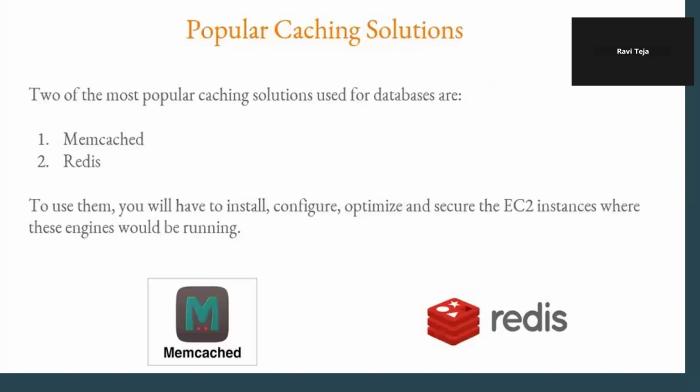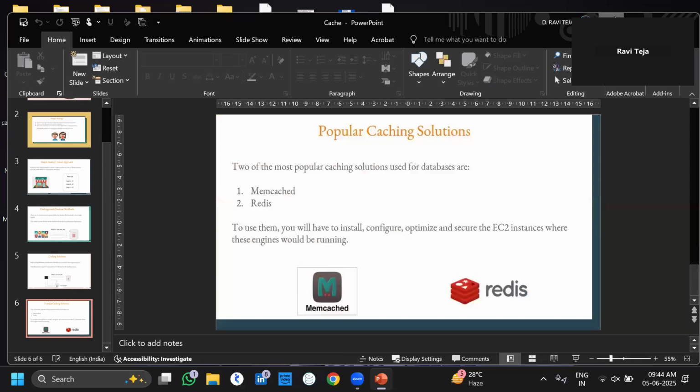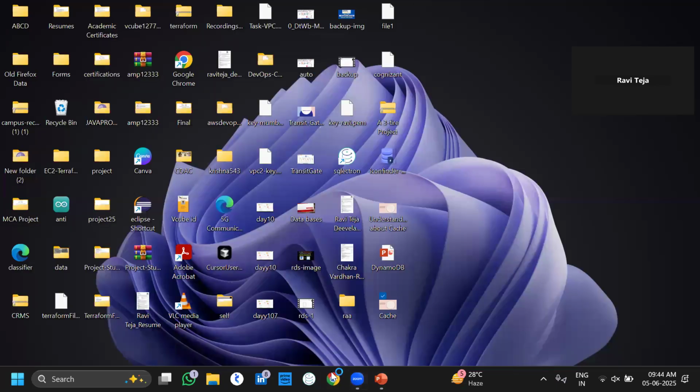Now we have to see how to create a cache in an AWS account. Minimize this. Open the console.